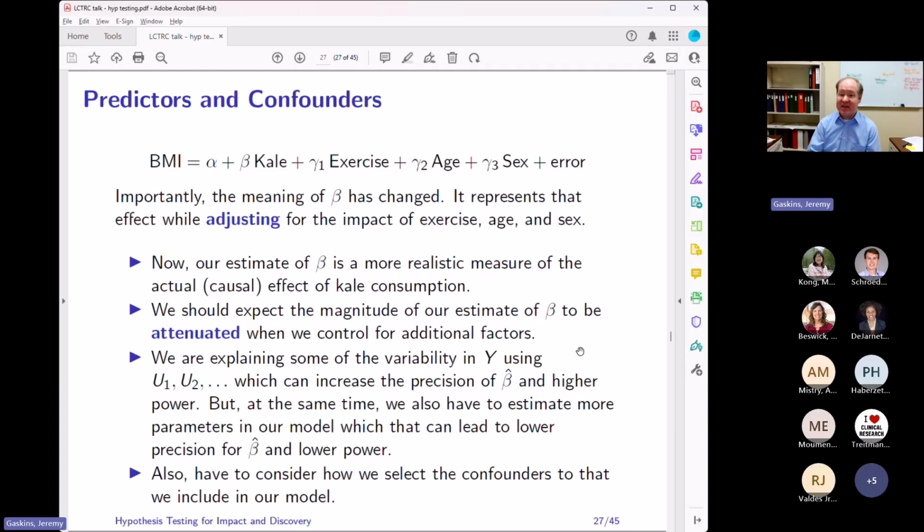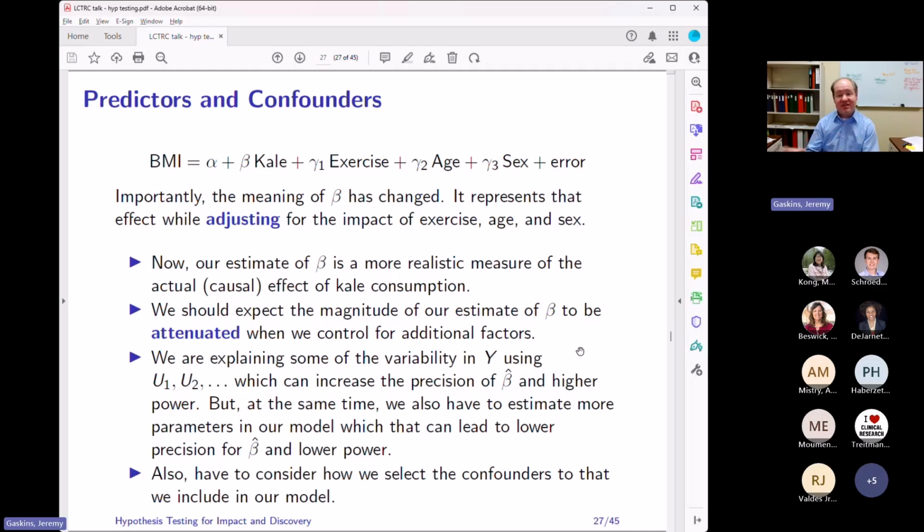Right now, beta means, for two individuals who have the same level of exercise, age, and sex, what is the difference in BMI if the second individual has 1 unit higher kale consumption? And so, again, you want to think about it as what's the effect of kale while controlling for the other confounders for someone with the same exercise, age, and sex.